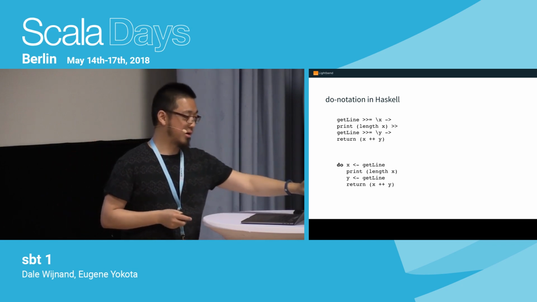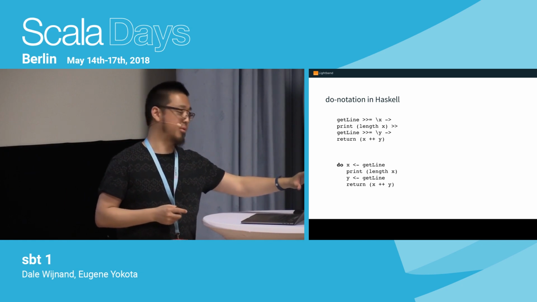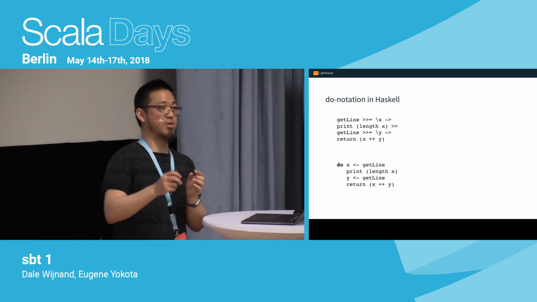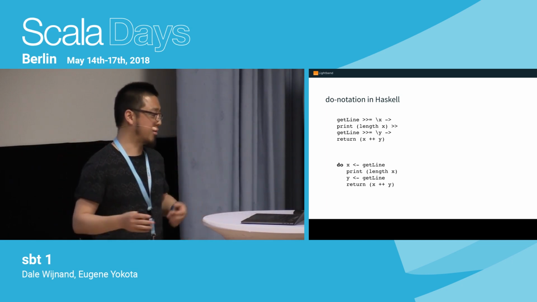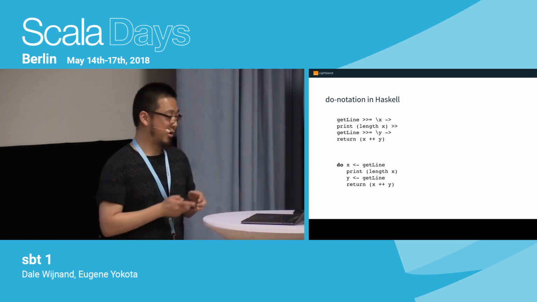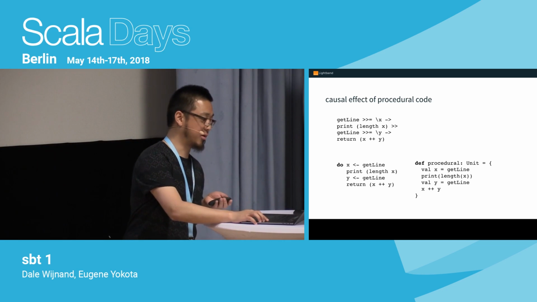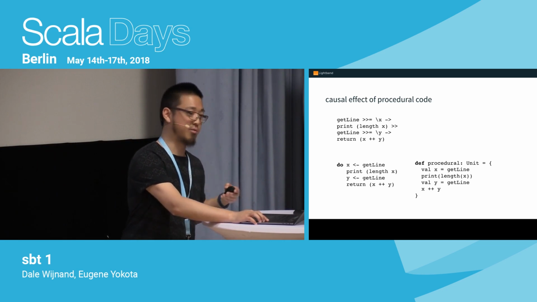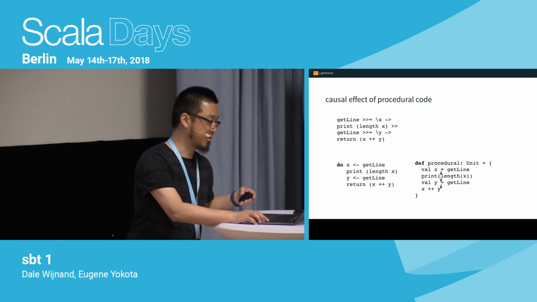And I think this is nicer than Scala because it's almost like real code, right? There is no for and curly brace and something like that. It's like it happens this and it happens that. And in a way, I think SBT's build is essentially the do notation for the applicative.